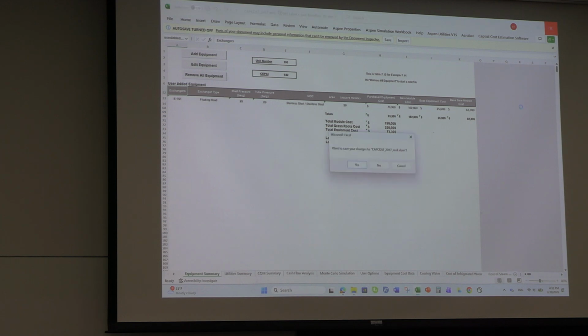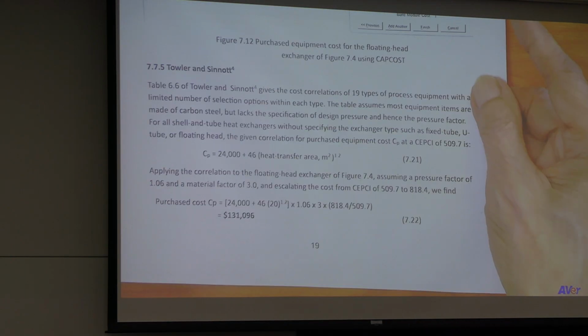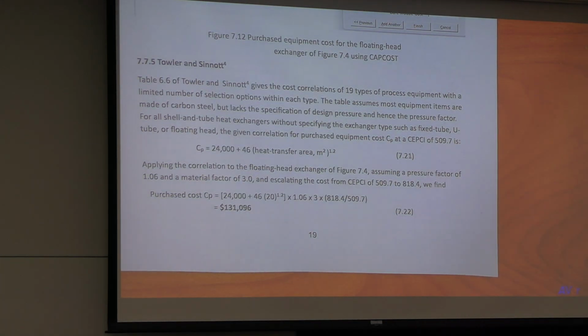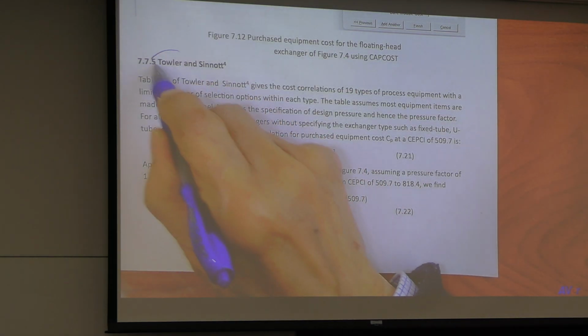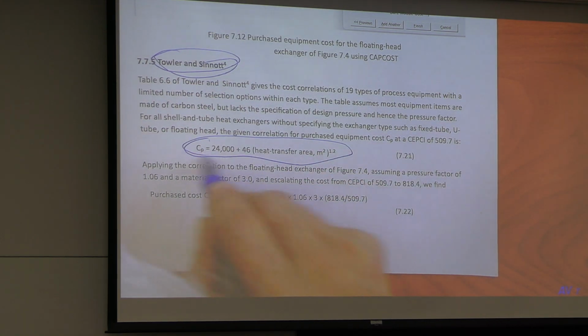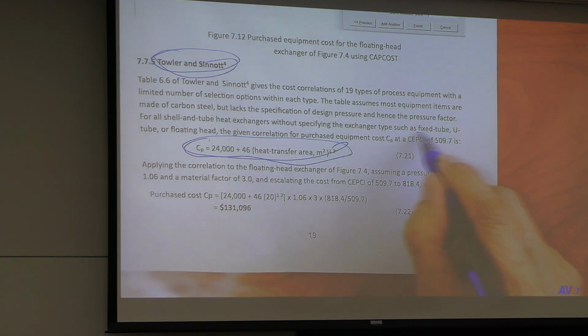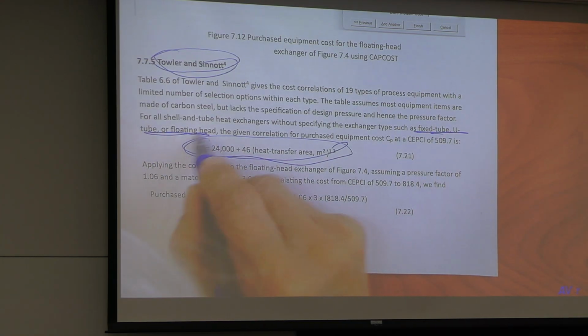Now, let's go back to your notes. This is an important one. Page 19. Toller, he has a correlation regardless of fixed tube, U-tube, floating head.